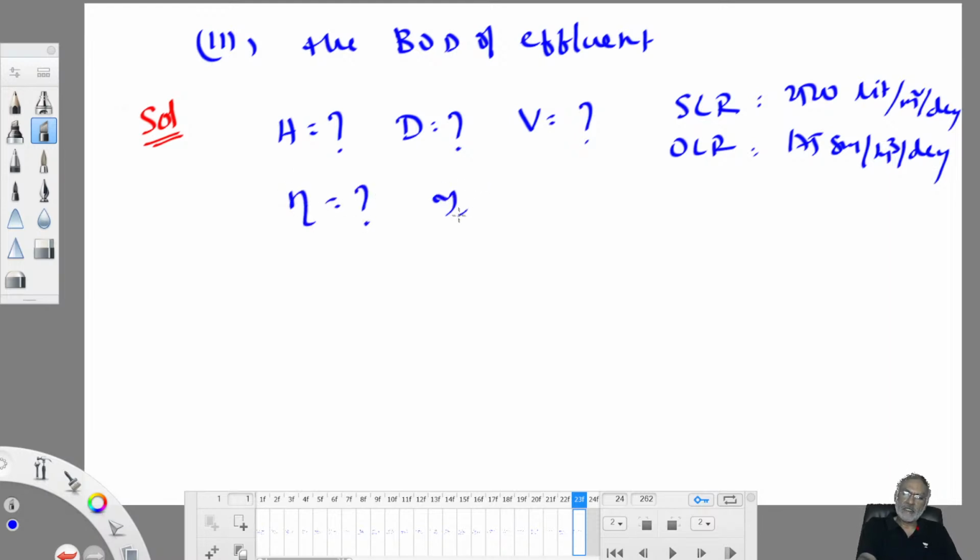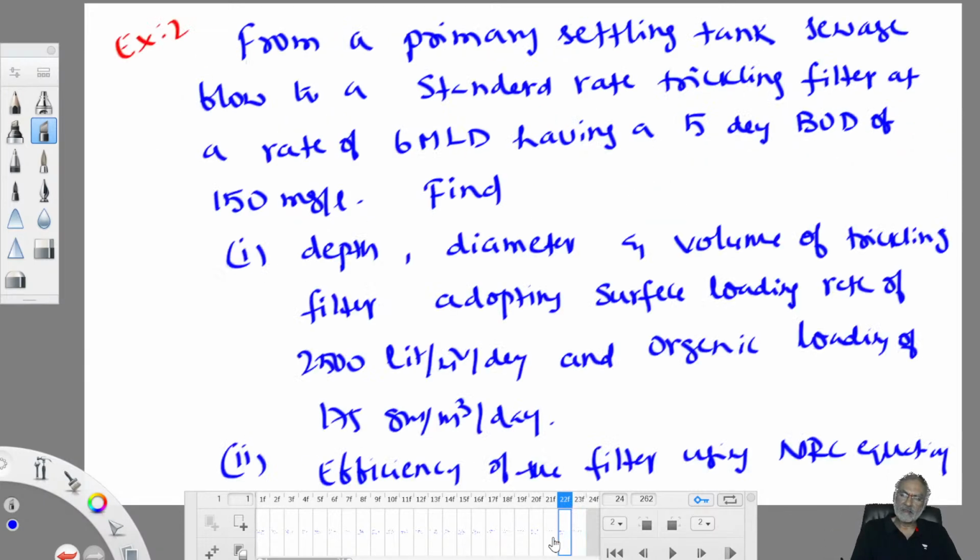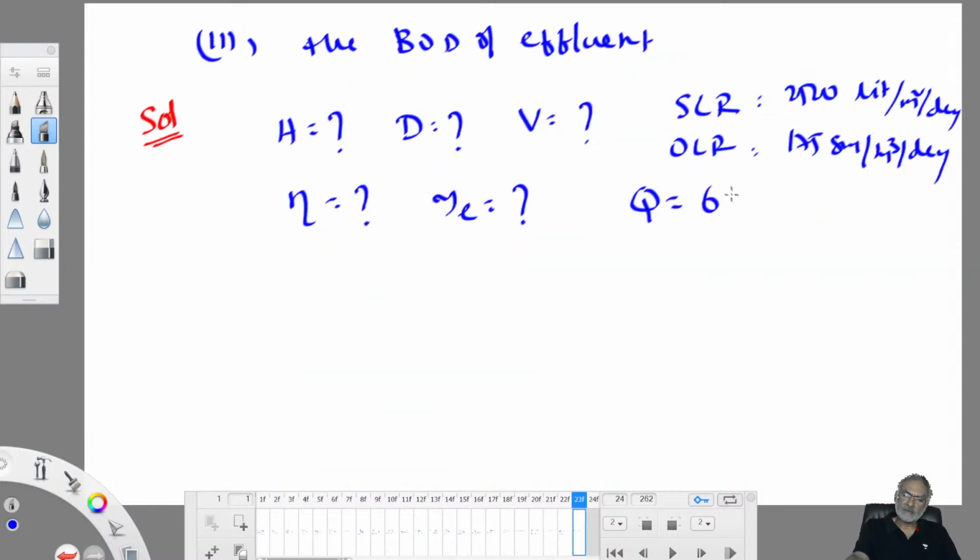Third one is effluent BOD. Using this data, it will work out. Q value is also given to you, Q is given as 6 MLD, YI is given as 150 milligram per liter. That's all.